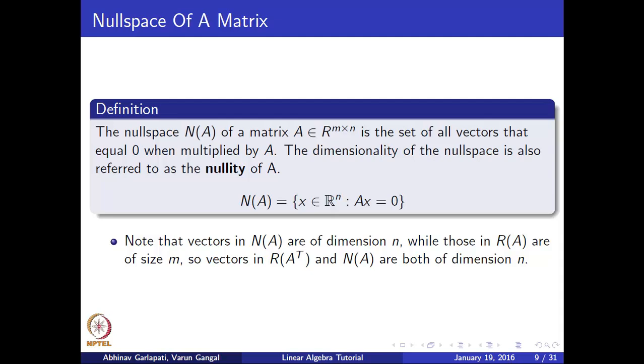This means that for vectors in R(A transpose), note that A transpose is n cross m, the vectors in the range of A transpose will be of dimension n, similar to the vectors in the null space of A. So this means that the vectors in the range of A transpose and the null space of A would both be of dimension n cross 1.